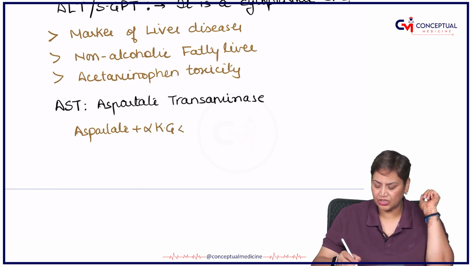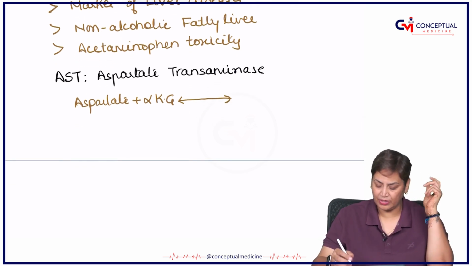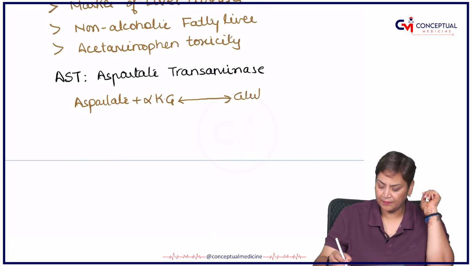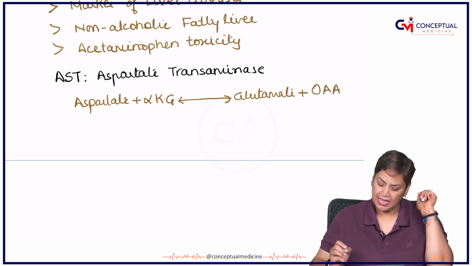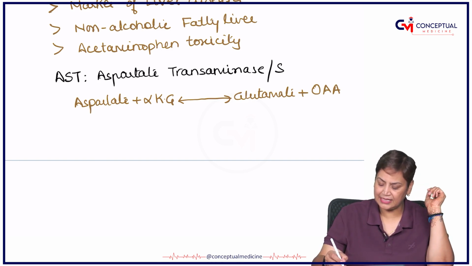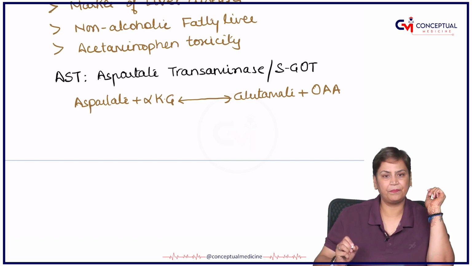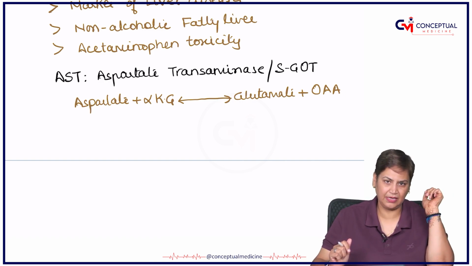Since transamination is reversible, the new amino acid will be glutamate, and the new keto acid will be oxaloacetate. Glutamate and oxaloacetate are there. That is why clinically it is known as SGOT, which stands for serum glutamate oxaloacetate transaminase.